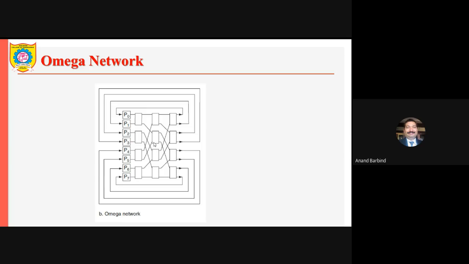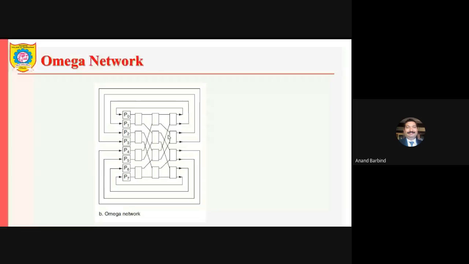So this is the omega network, which is very important, with the 12 switches in this case.